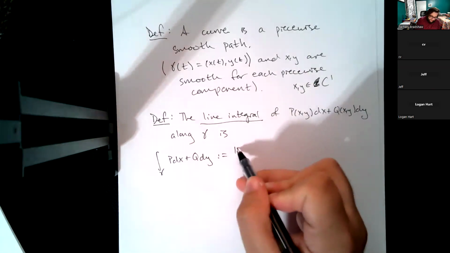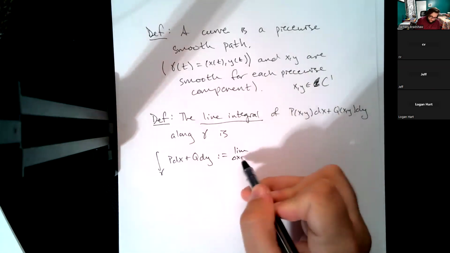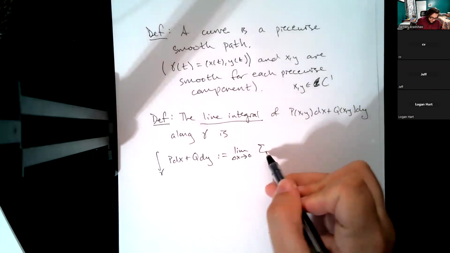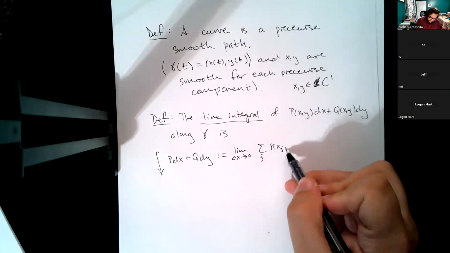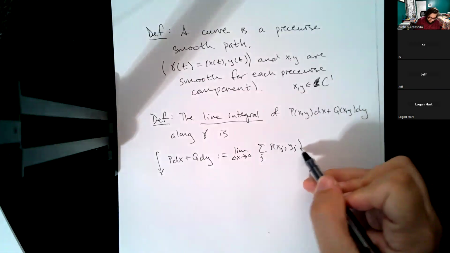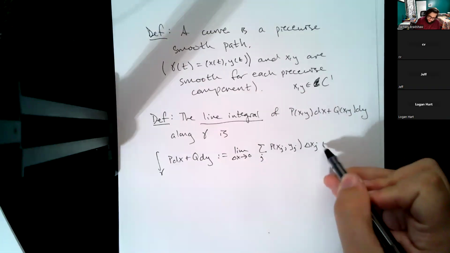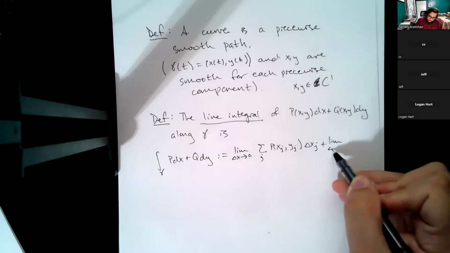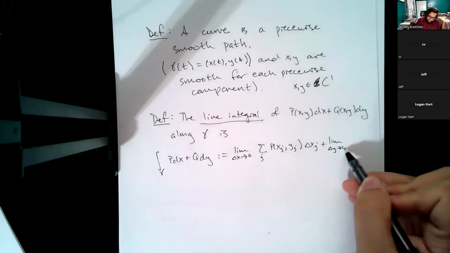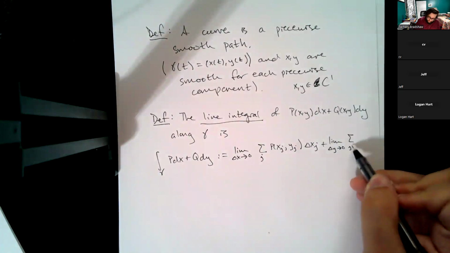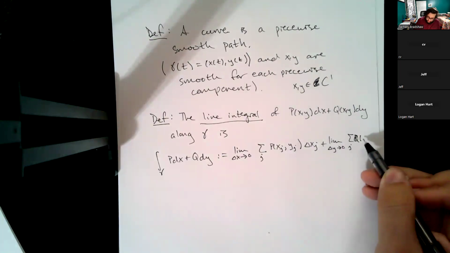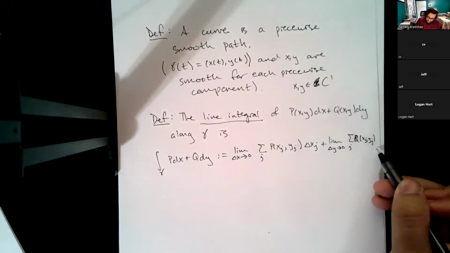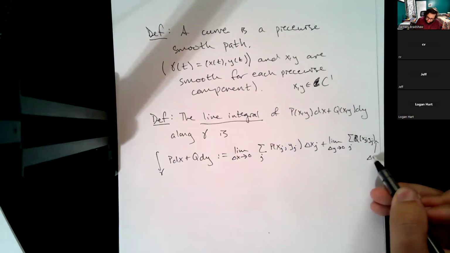And it's defined to be the limit as delta x goes to 0 of this sum. So think usual Riemann integral. Should be a Q. And here we need a delta yj.